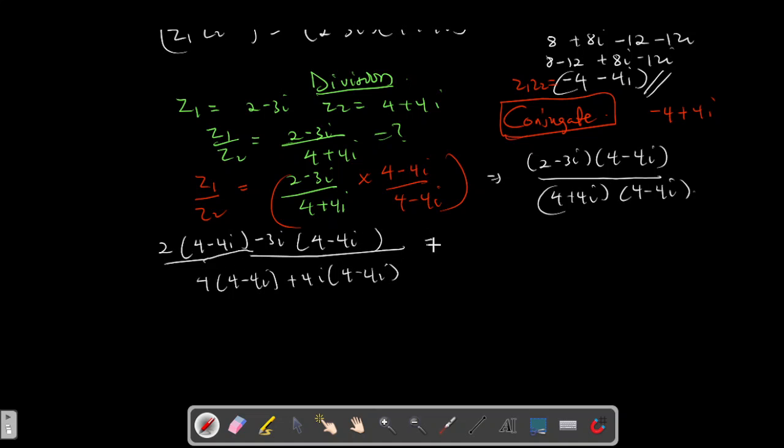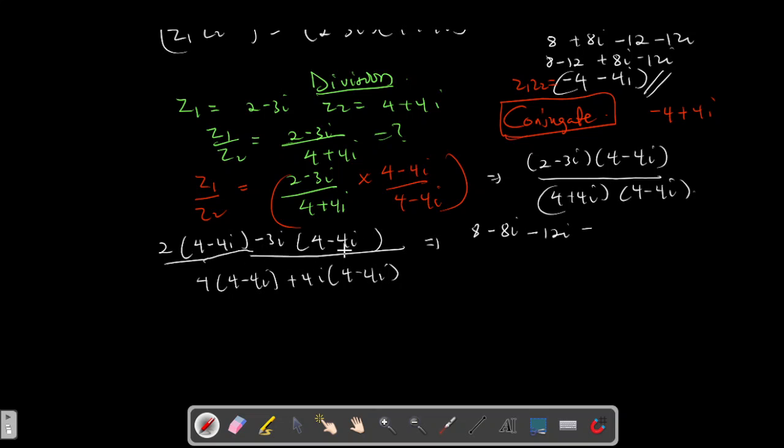So the numerator will give us 8 minus 8i minus 12i. Then check something. Whenever you are multiplying and you have i multiplying i, what do you get? Negative 1. Take note. So negative 3i times 4 gave me negative 12i. But negative 3i times 4i, what do I get?